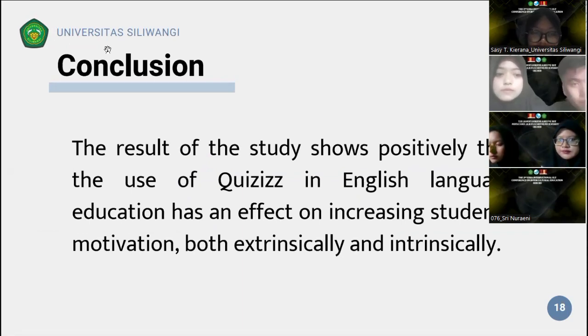But overall, the use of quizzes media in English language education effectively increases students' motivation, both intrinsically and extrinsically. Furthermore, this study is expected to contribute to other studies and encourage teachers or educators to use quizzes as an English language learning tool.